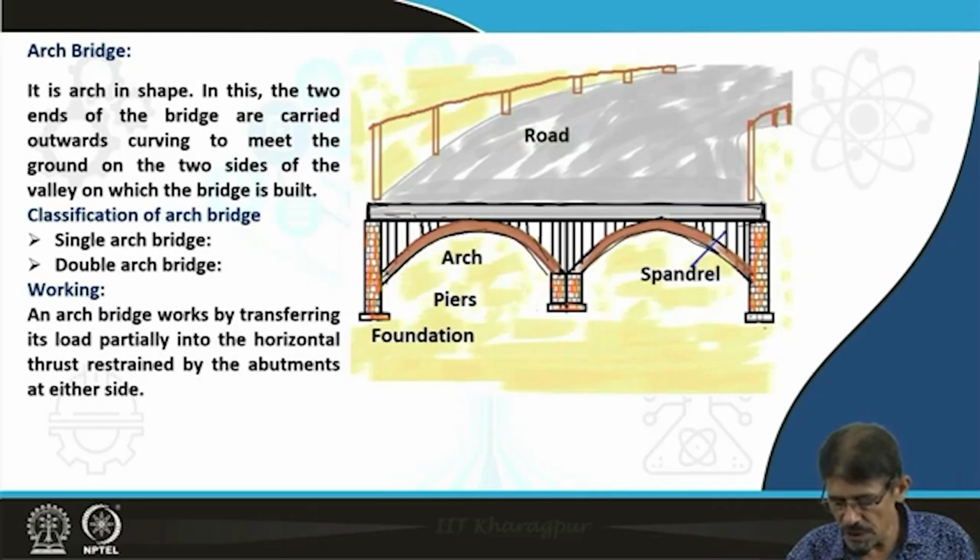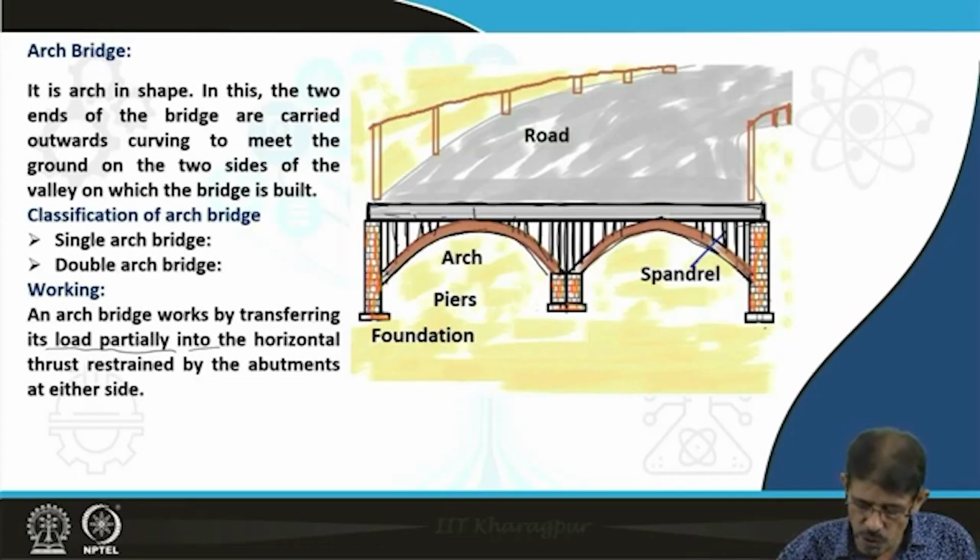Abutment foundation pillars are the piers, and spandrels are connected to the deck with the arch structure. The arch bridge, as per principle, transfers its load partially into horizontal thrust, restrained by the abutment on either side.